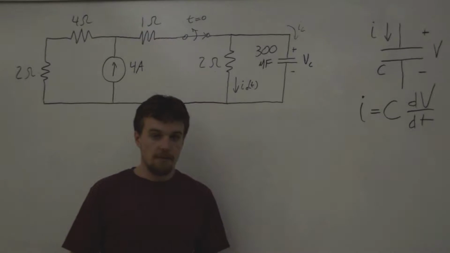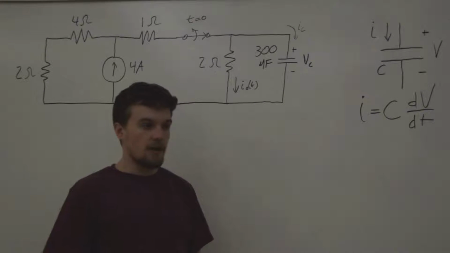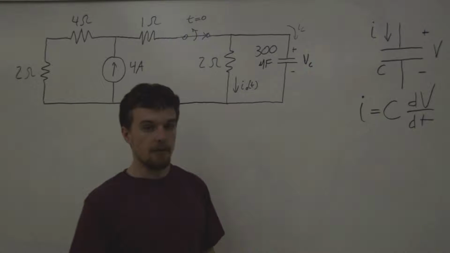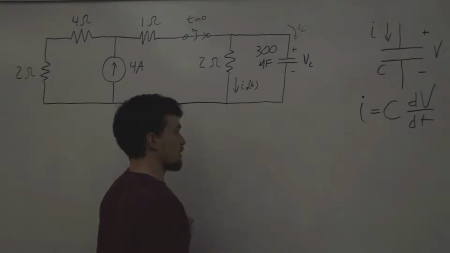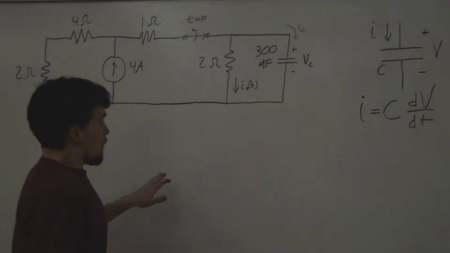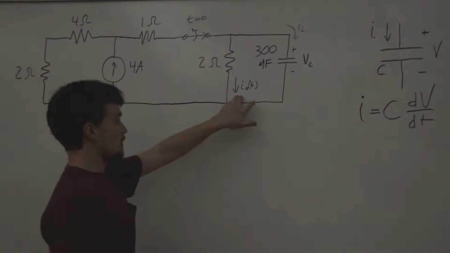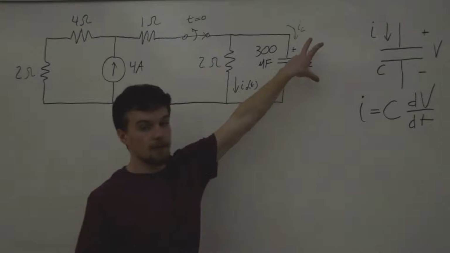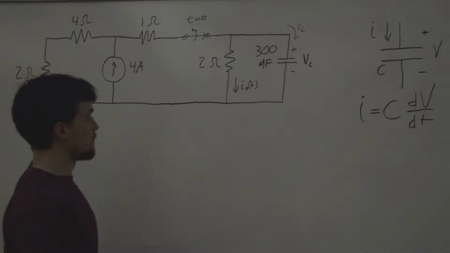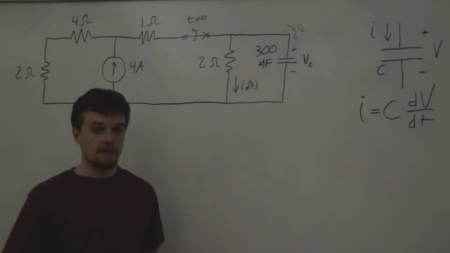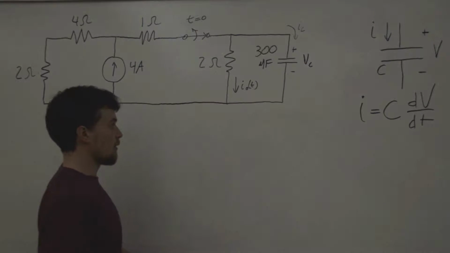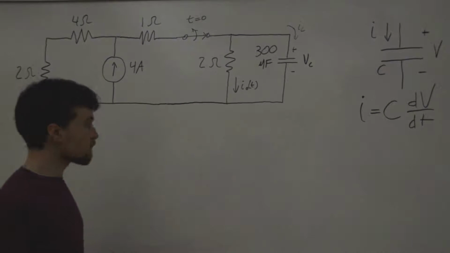So we know from differential equations that your initial conditions are important. So we're going to solve for an initial condition. For this, we're actually going to solve for two initial conditions: one for this current and one for the voltage across here. So we'll use the current divider rule to solve for the initial value of this current.